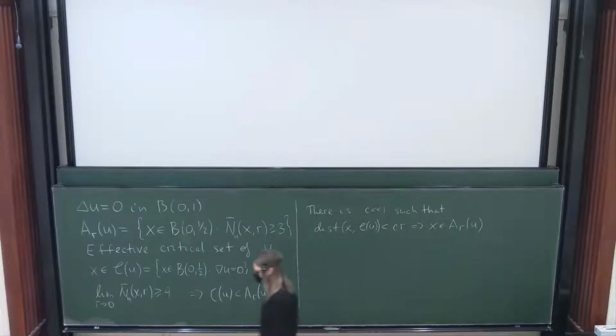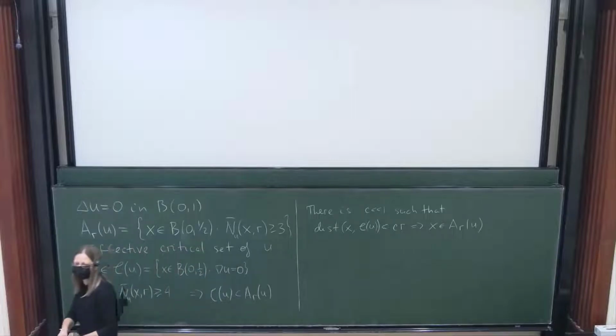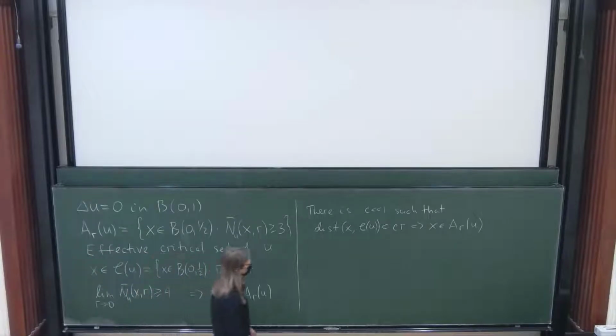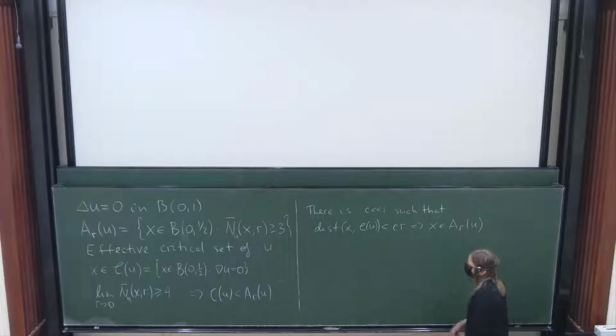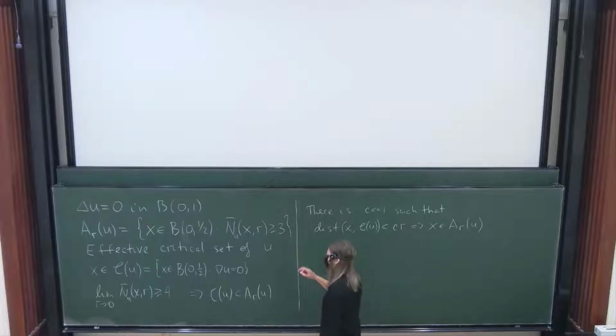So we have the critical set with some small neighborhood inside this effective critical set. And the result that we will discuss, at least the first hour today, is the result of Naber and Valtorta. Let me add the theorem.